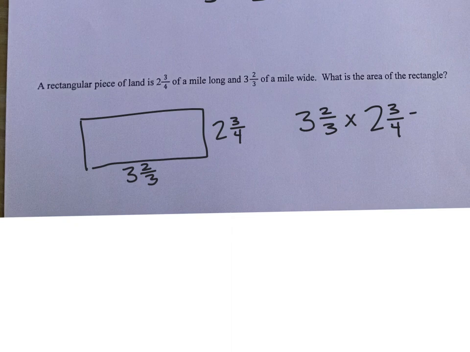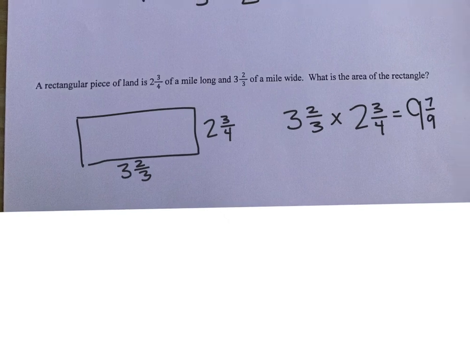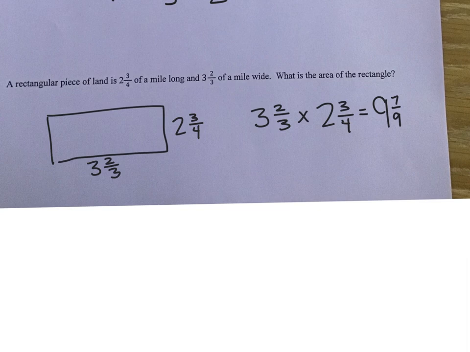Then pause the video and put that into your calculator, and then unpause and see if your answer matches mine. I got an area of 9 7/9 miles, and then that would be squared because it's area.